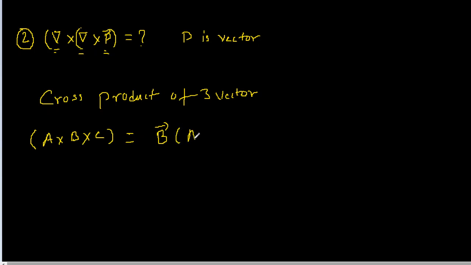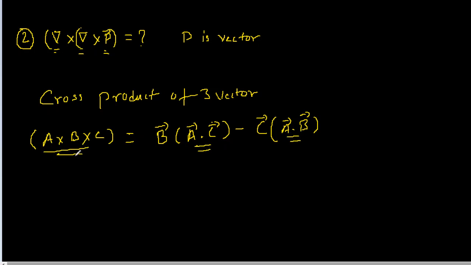Back means B, then A dot C, and then minus cap. Cap means C, A dot B. Here there is a dot product, here there is a dot product.